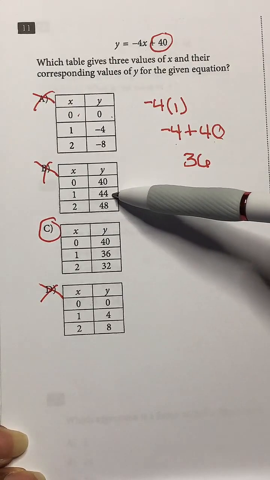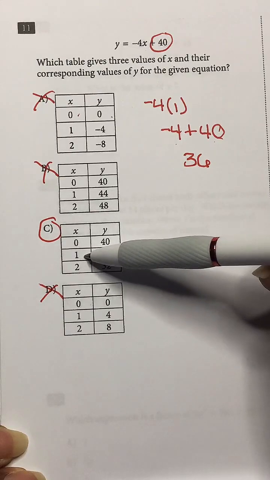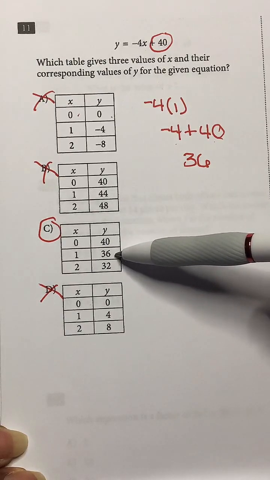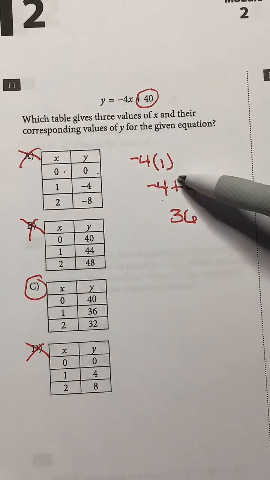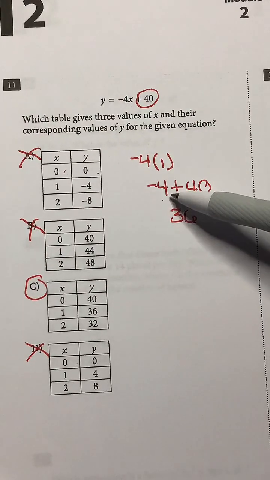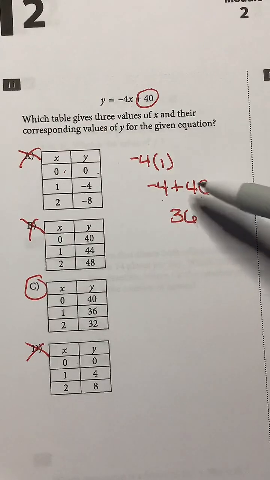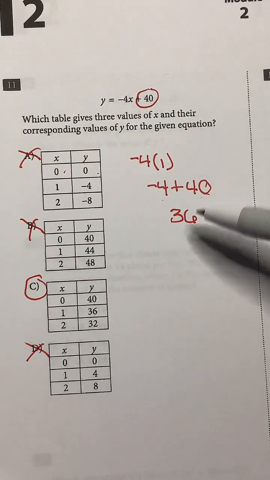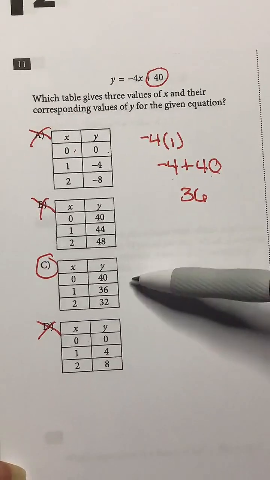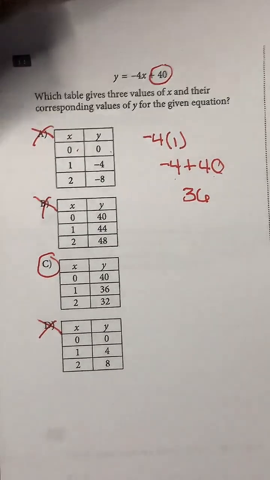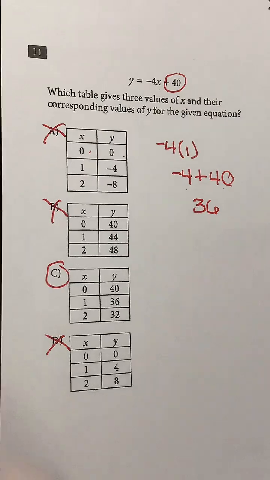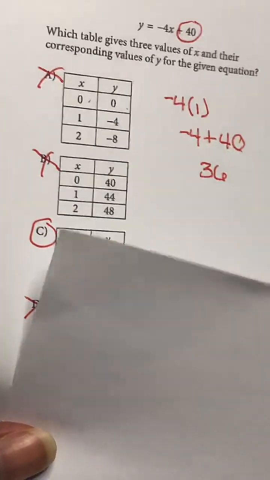If I plug in 1 for this one, I should get 44 coming out. If I plugged in 1 for this one, I should get 36 coming out. So when I plugged in 1 for the x, -4 times 1 gives me -4. -4 plus 40 gives me 36. So that's why C was our answer.